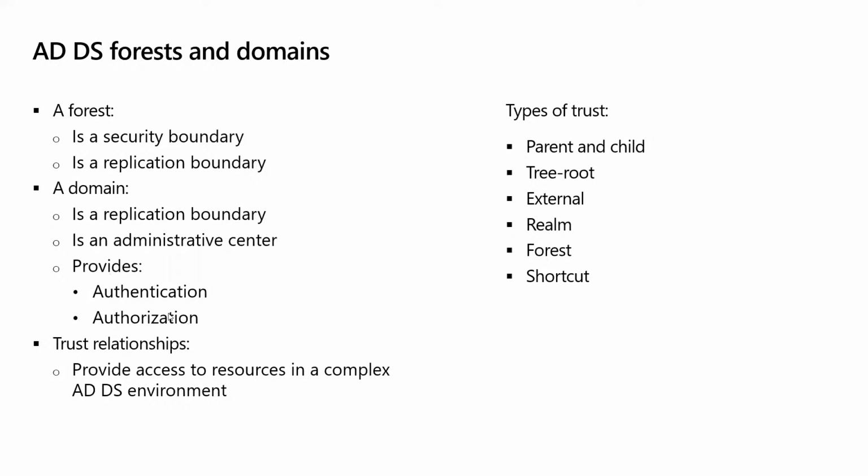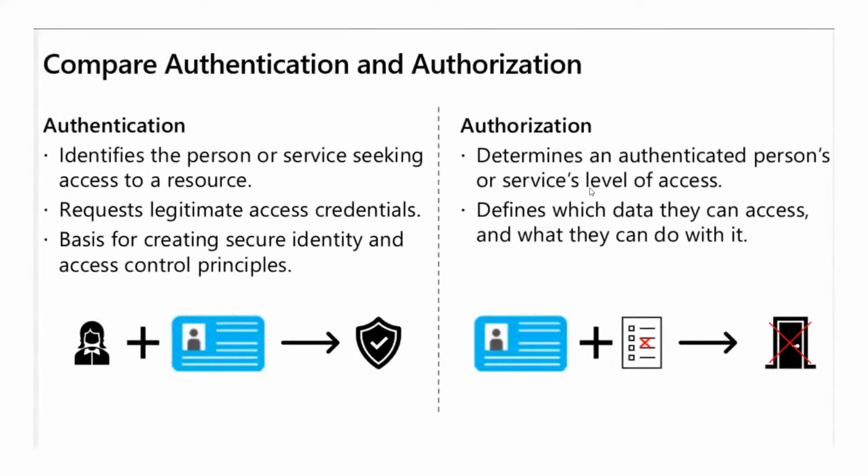So what's the difference between the two? Authentication will tell you your identity. Authorization is the location you are authorized or not authorized to access. Authentication identifies who you are. You're the one requesting access with legitimate credentials, and it's the basis for creating a security identity.